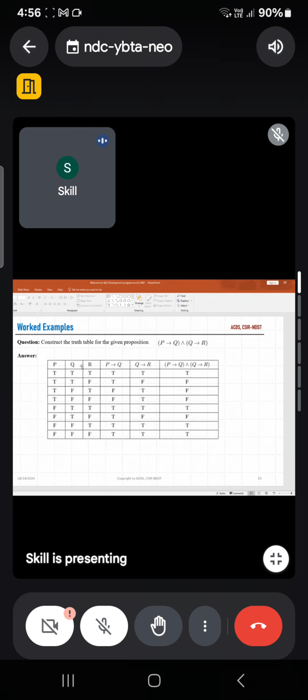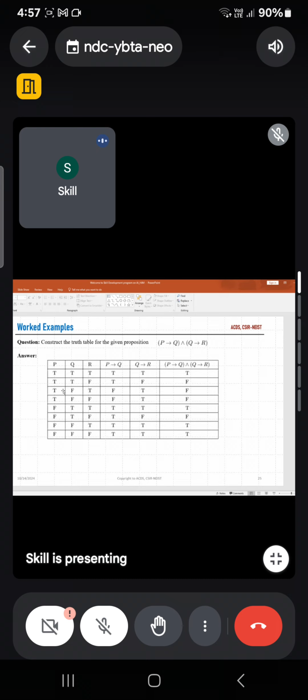Then similarly we can write for P implies Q, as you already know from the earlier example: if both are true, then true. If P is true and Q is true, it's true, just similar to the first one.